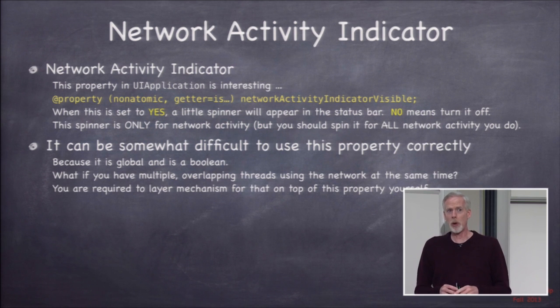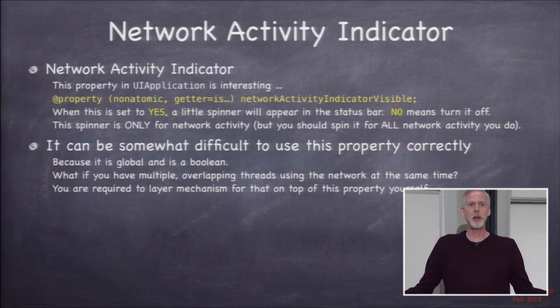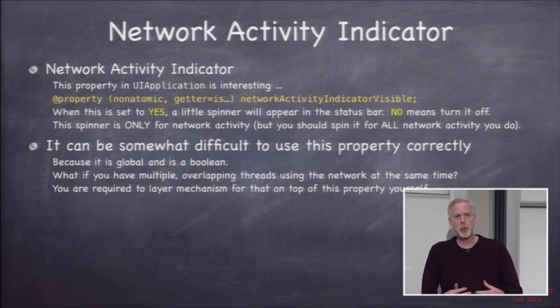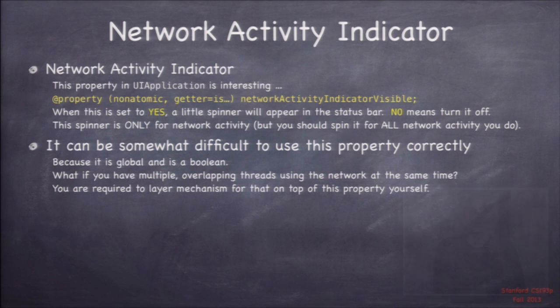It's a little bit difficult to deal with because, A, it's global. It's on UIApplication, so all the threads in your application are all using this same spinner. And number two, it's a Boolean. It's not like a push and pop or a count. Imagine that you fire off a big Flickr fetch. It's going to take 10 seconds. You start this network activity indicator, turn it to yes.